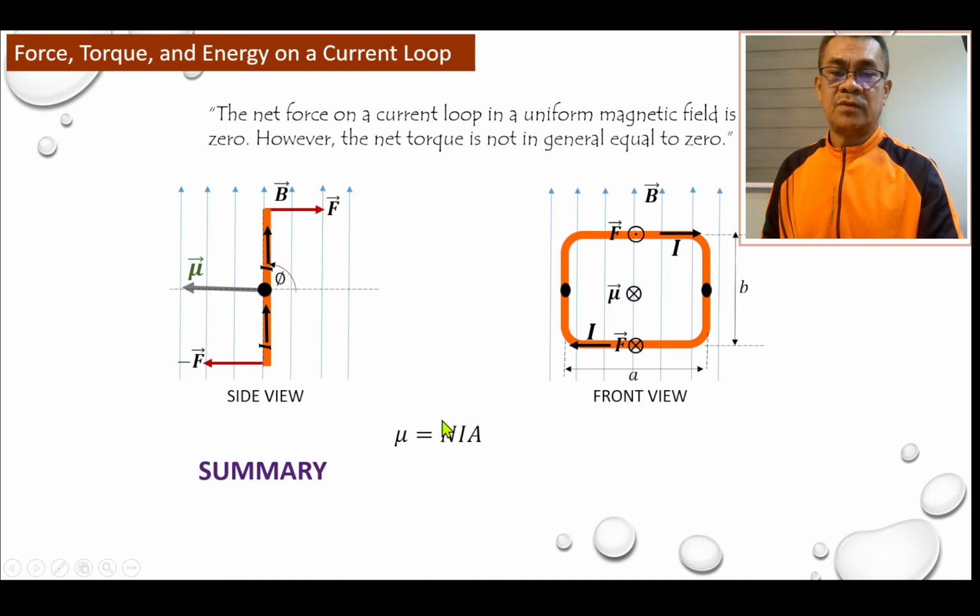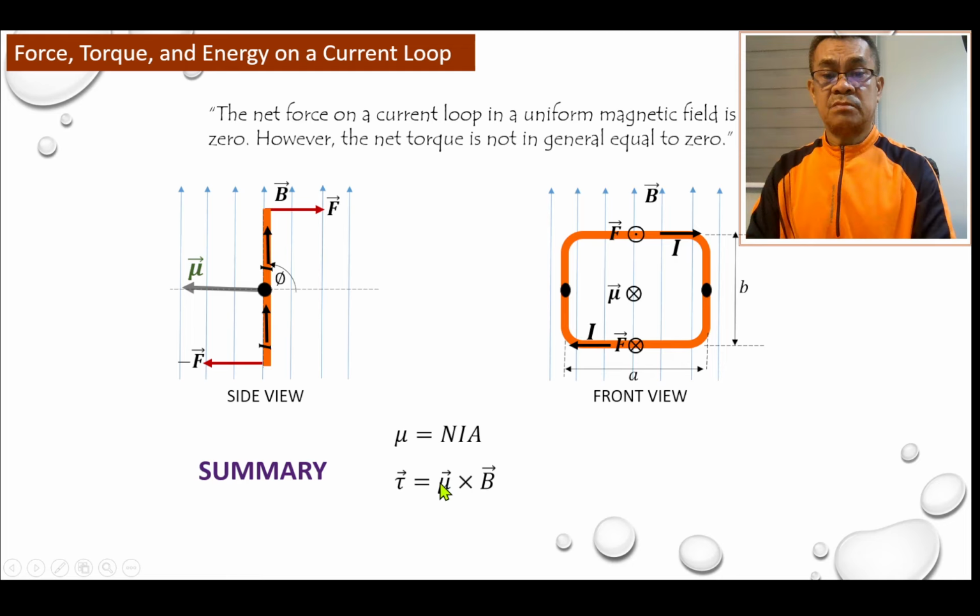So to calculate, we have the number of turns times I times A. So the unit of mu should be what? Should be amp meter, because this is amp. So amp meter square. Okay, ampere then meter square, because area is square of meter.